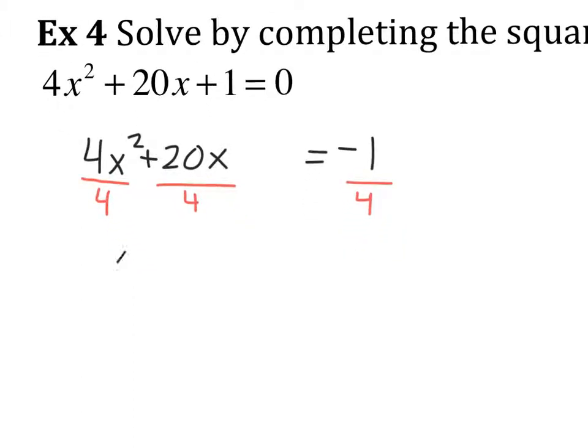In doing so, I get x squared plus 5x. Notice I'm going to intentionally leave a little bit of space right there, because I'm going to add a missing term in just a moment.